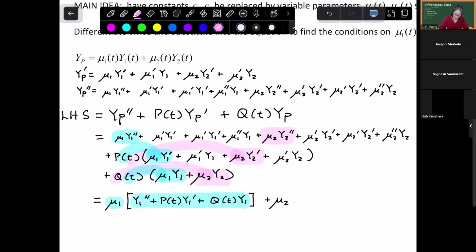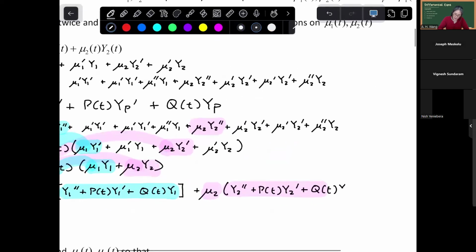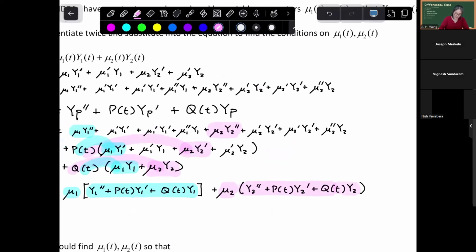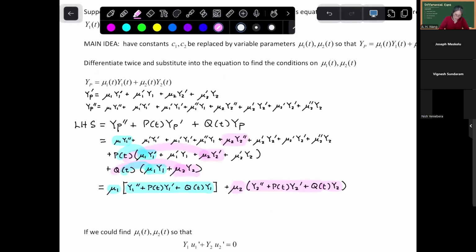Okay, so here's the mu2, and I'm going to copy it down. So the first one is y2 double prime plus p of t y2 prime, that's the second one. And then you have the q of t y2. And everybody had a mu2, so I just put the mu2 in front. Okay, so we took care of those.